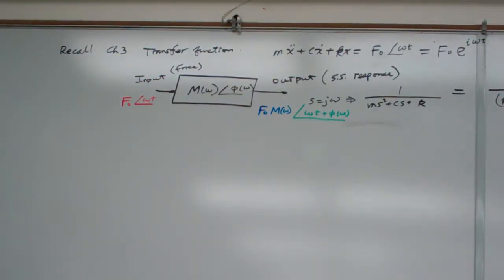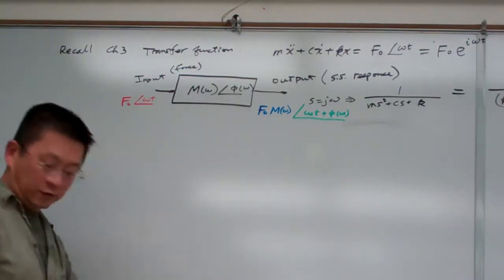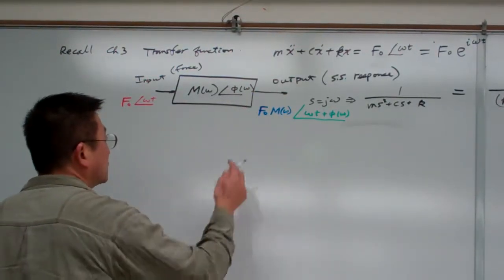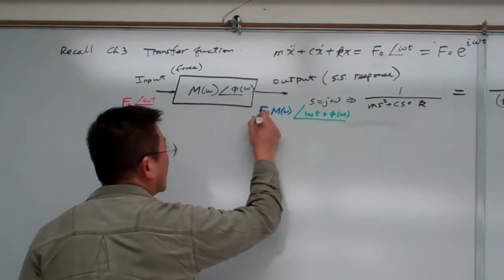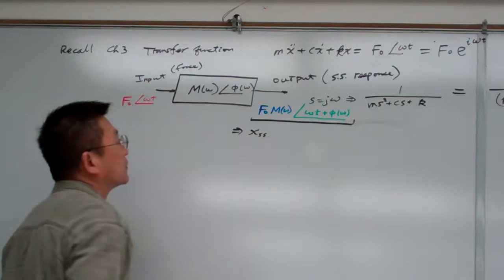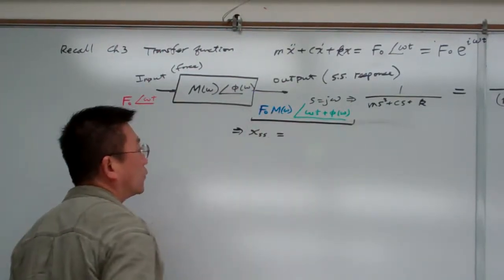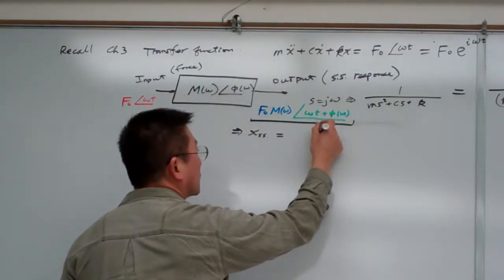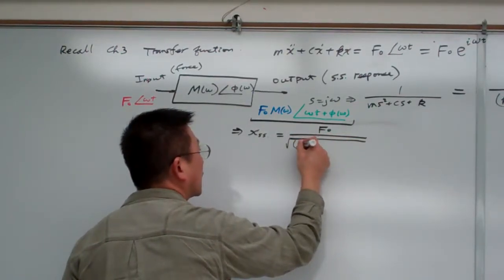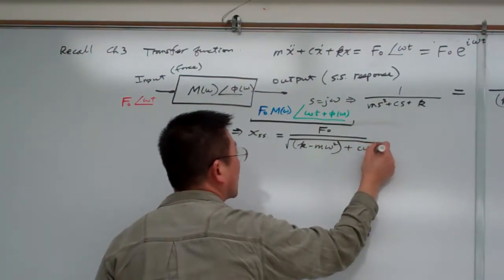And let me implement the whole thing. Basically, let me use the black color here. So basically, the output, let me implement this one. So therefore, the steady state response will be equal to F naught multiplied with the M omega, which is F naught divided by the square root of k minus m omega squared, squared, plus c omega squared.